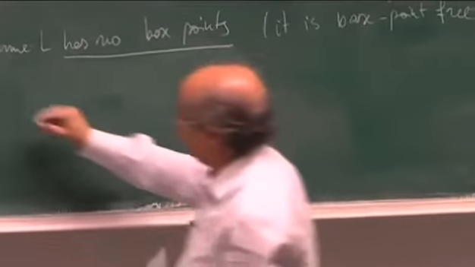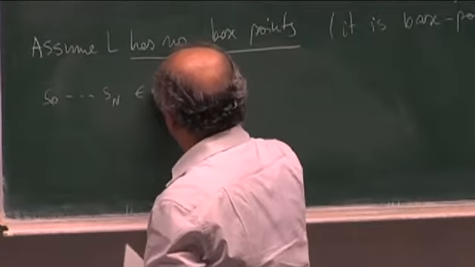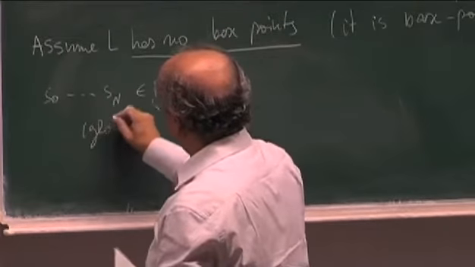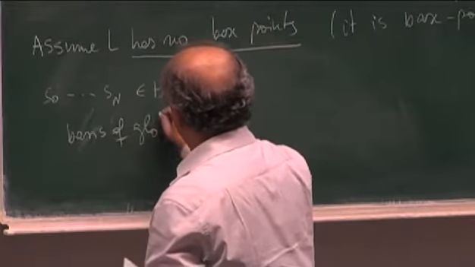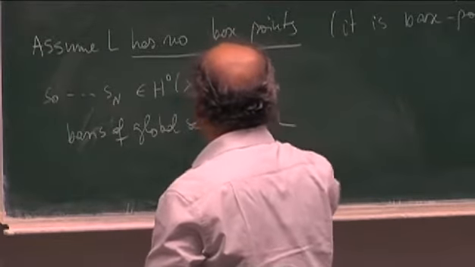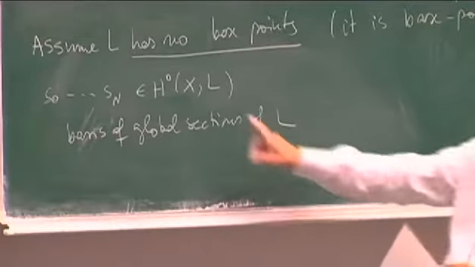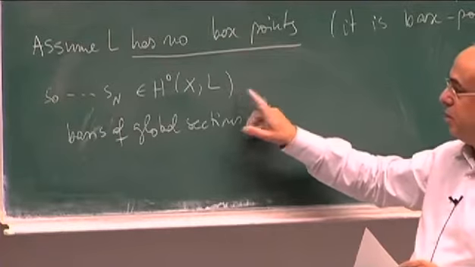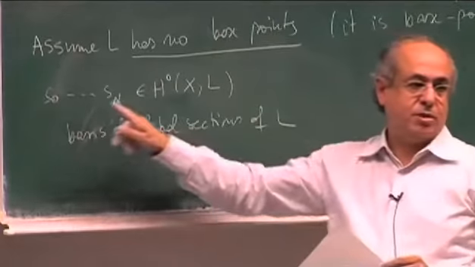Because now I want to take some global sections. So I said already that the global sections may be identified with the zeroth cohomology group. This is a finite dimensional vector space. It will have some dimension that we call n plus 1. And we take a basis of sections.